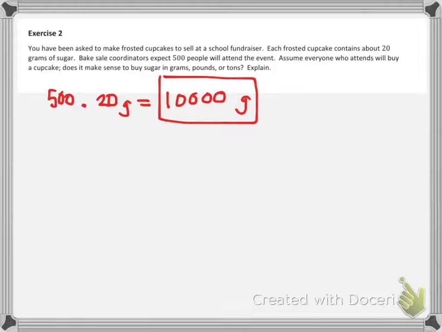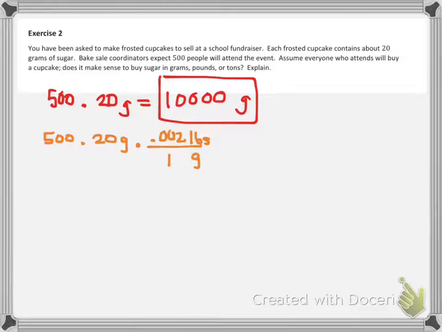All right, next, let's change into pounds. So I'm going to use the same 500 people. Each person is going to buy one cupcake, which is 20 grams. And then I want to change my grams into pounds. So we'll need a conversion factor here. And you can look this up online, but the conversion factor is 0.002 pounds in 1 gram.